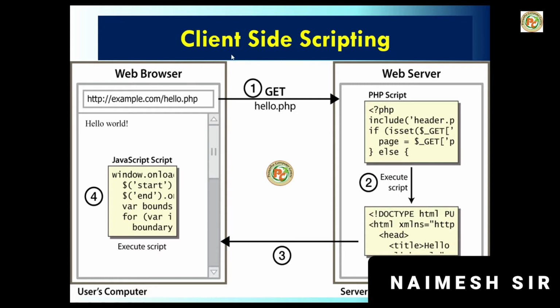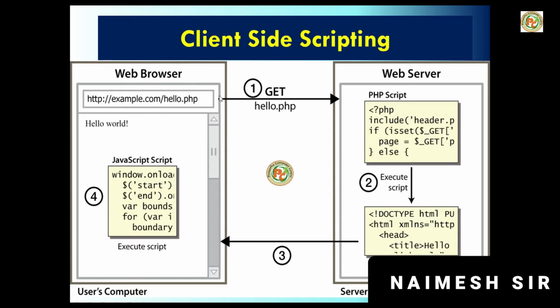Client means the person who requests the information, and server means the computer or machine which sends the response. Here, a web browser becomes the client. It requests some information and sends it over the internet to the particular web server, and then the web server interprets it and gives the response to the client.